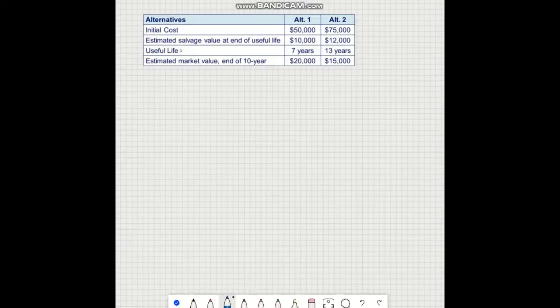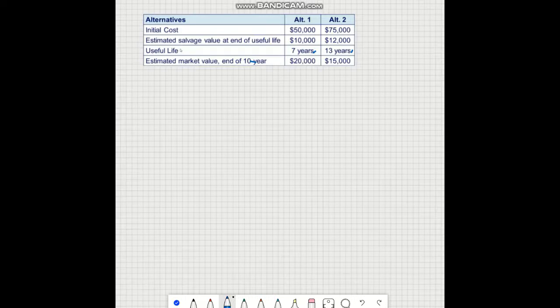In this example, we have different useful lives. One of them is 7 years, the other one is 13 years, but we are using a method of terminal value. So for 10 years, end of 10 years, the estimated market value for alternative 1 is 20,000, alternative 2 is 15,000. Also given are the alternatives.